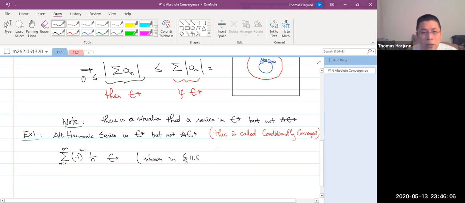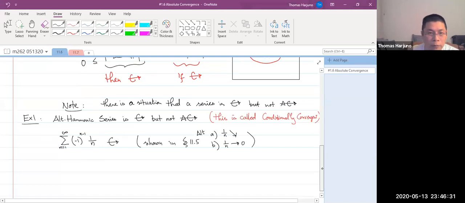What we need is that the sequence is decreasing and the limit is 0. As long as it is alternating, we just need the sequence to be decreasing down to 0.